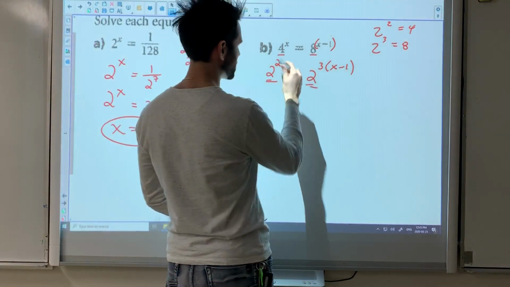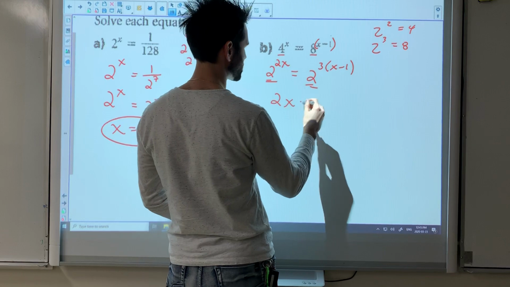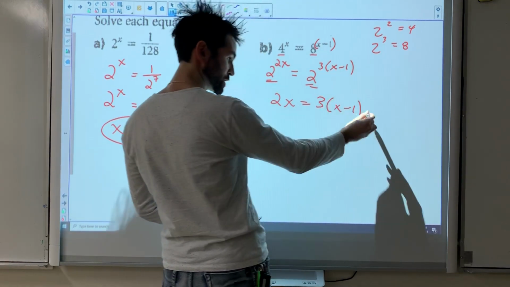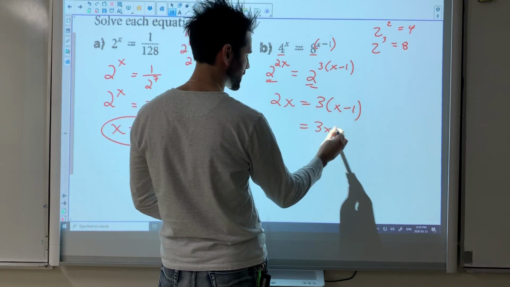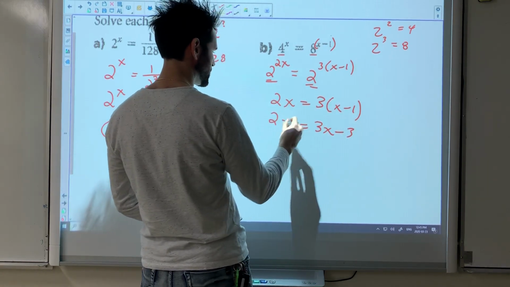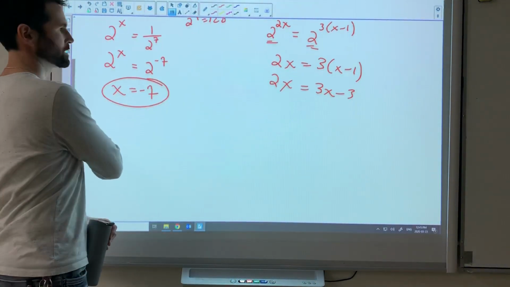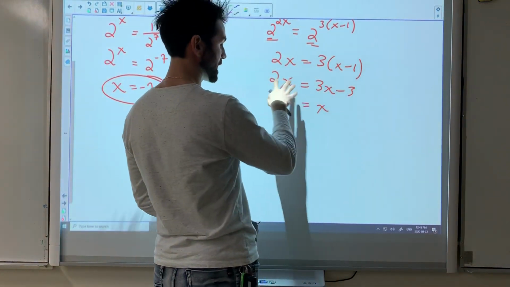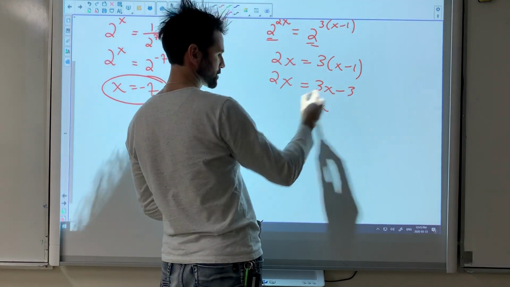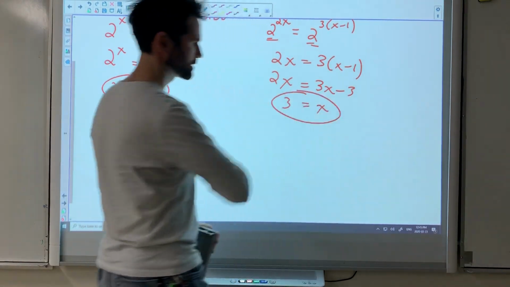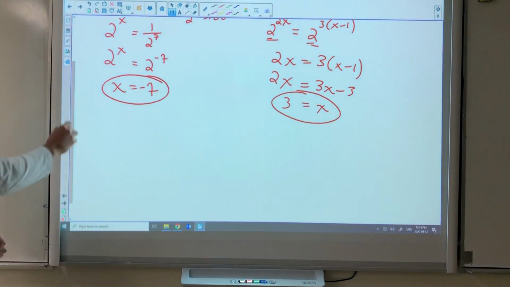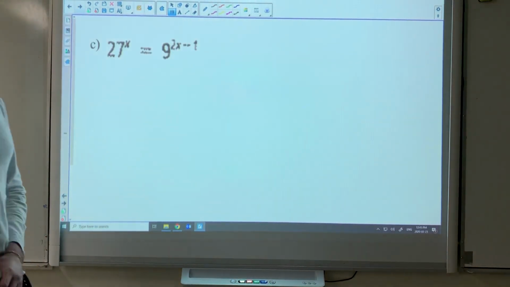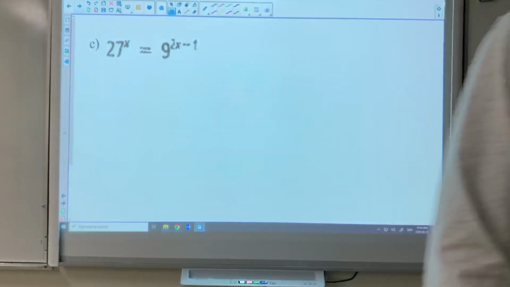Now I have the same base, so equate the exponents to solve. Distribute into the brackets, so you get 3x minus 3 equals 2x. Subtract 2x from both sides, that's going to give me x. Now I have 0 on this side, add 3 to both sides, so you get 3. Wonderful. Okay, I put this one on a separate page because it's kind of a big one.